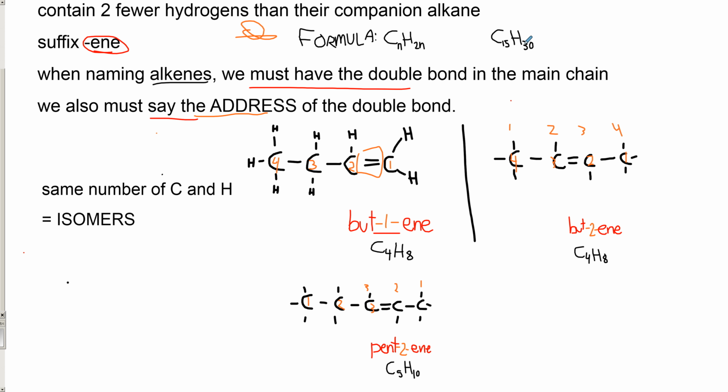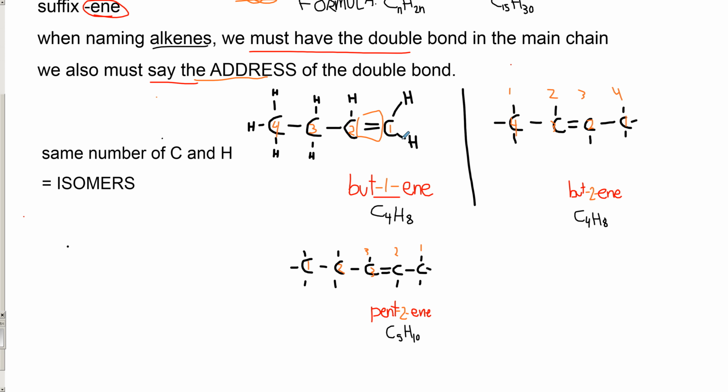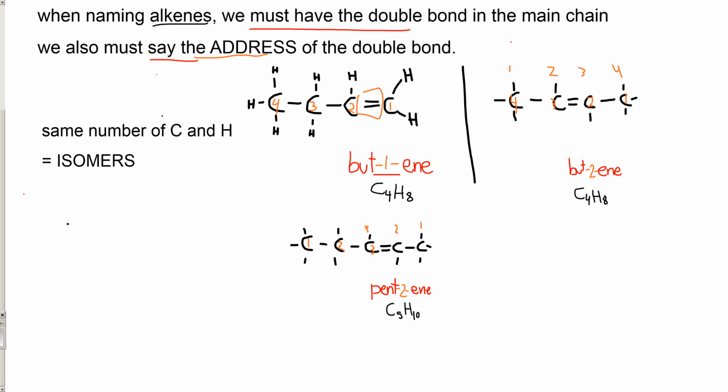I'm actually going to get a new page going. Let's do a branched alkene. So it's going to be an ene, but I'm going to throw some branches on it as well. And I'm going to get weird with it too.